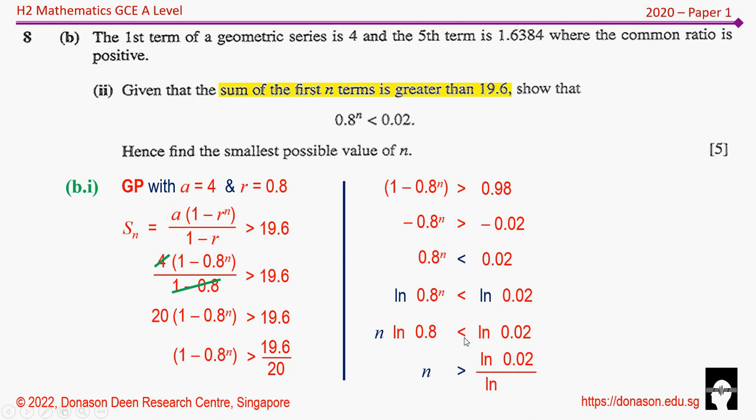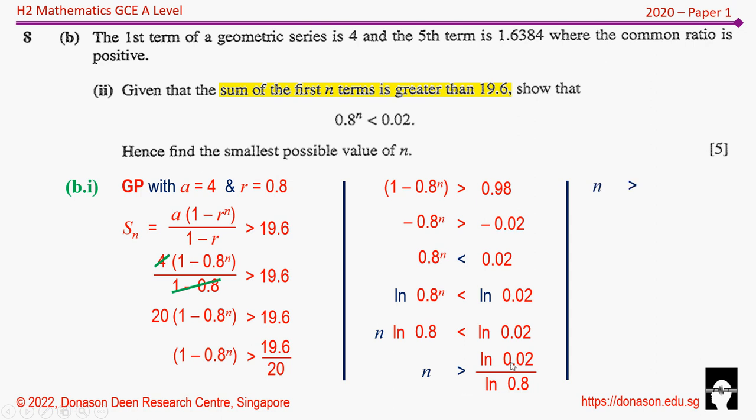So that's why the less than symbol has changed to a greater than, as I throw the ln 0.8 to the right hand side to divide. Just take note of this step. It's very easy for you under examination conditions to get stressed and forget to reverse the inequality. All the rest that you need to do is just press into your calculator.